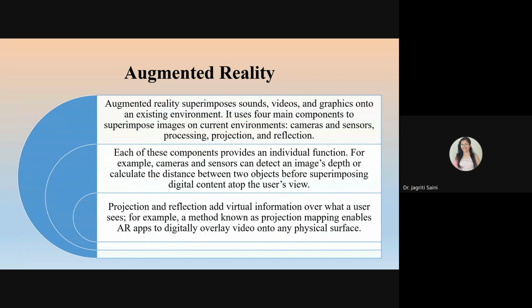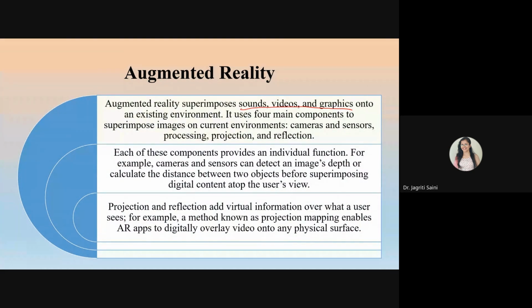At the same time, augmented reality tries to superimpose basically three important elements that include sounds, videos, and graphics into the existing environment. That can be anything like your classroom, your conference hall, any outdoor or indoor environment, wherever you want to superimpose these sounds, videos, and graphics.